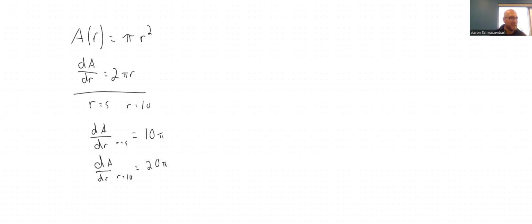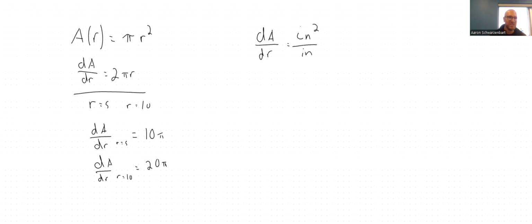Now here is where it gets interesting. If r is measured in inches and A is measured in square inches, what would be the appropriate units of dA/dr? Inches squared per inch.